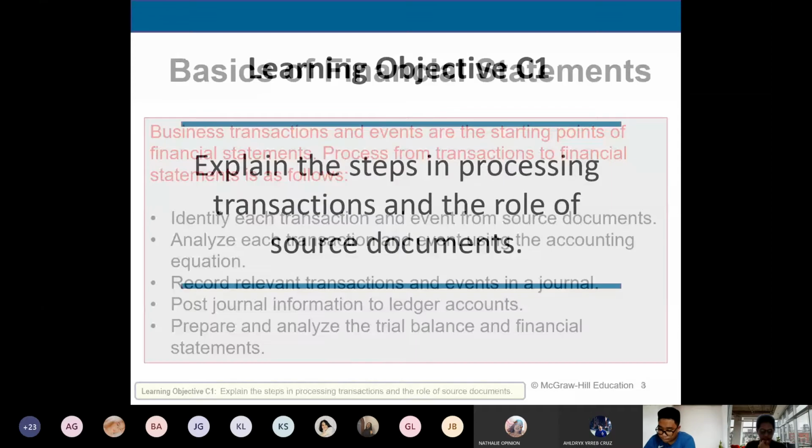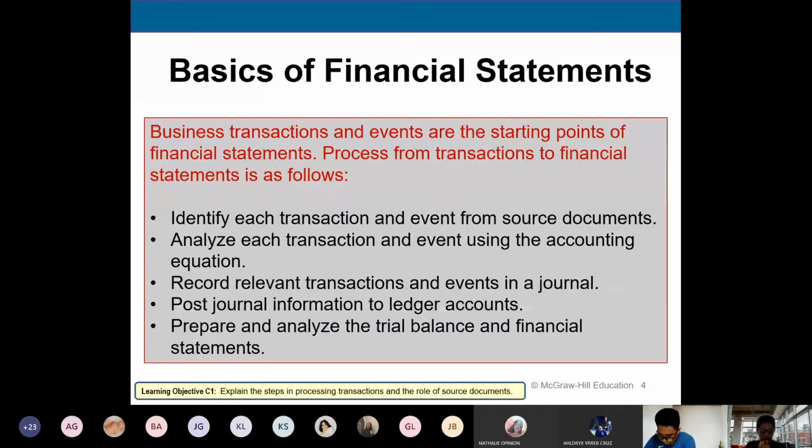Okay? So, natapos na tayo dito. Tama ba? So, what we need to have before we can actually proceed with the accounting cycle is a business financial transaction, tama? Or business transaction as well as its corresponding source documents, no? Kasi wala tayong i-record kung wala itong mga dalawang bagay nito.